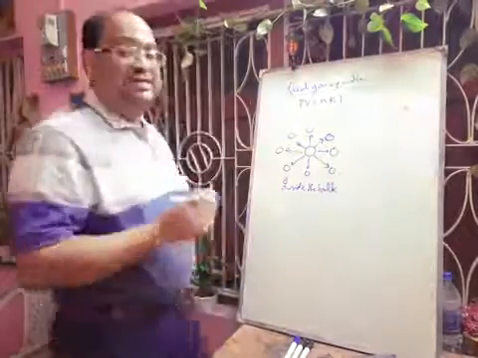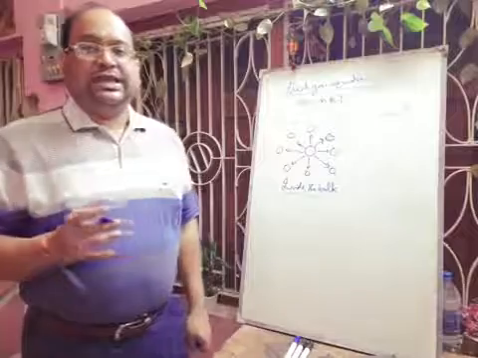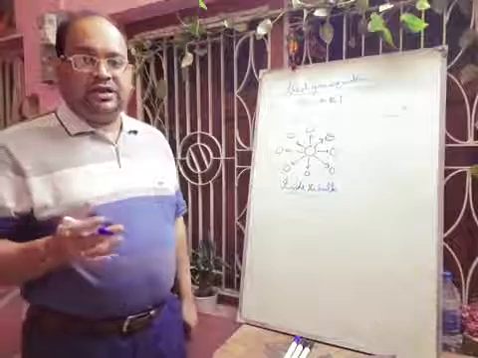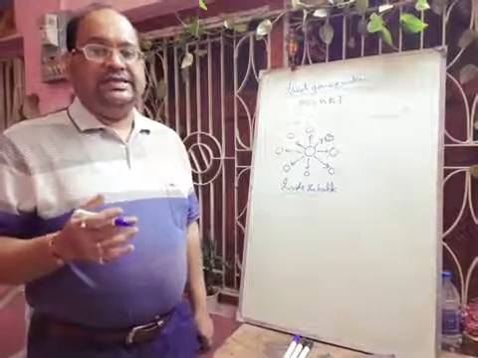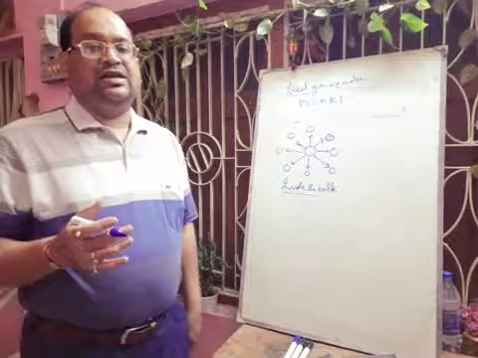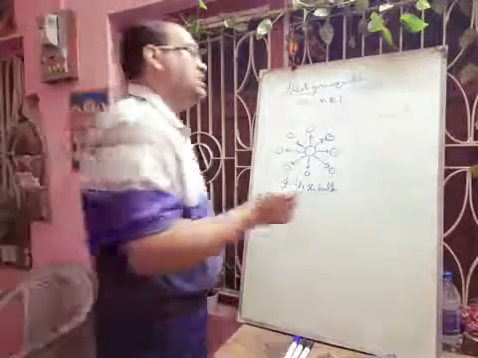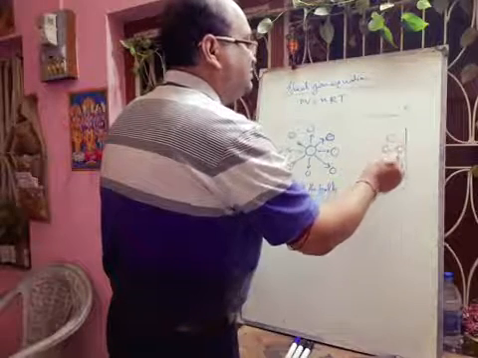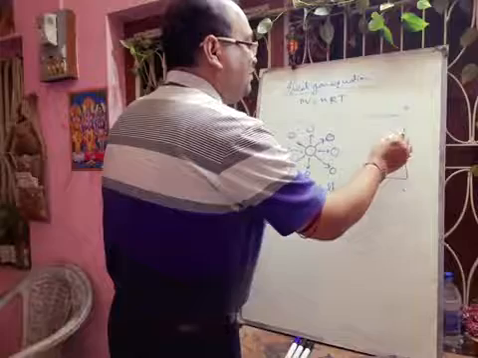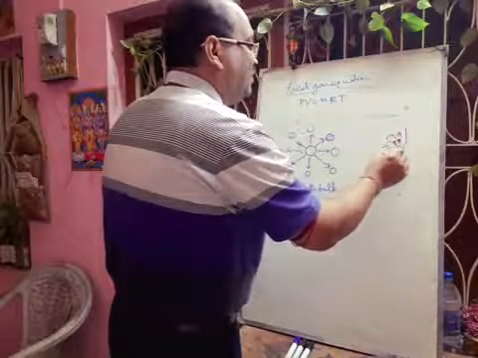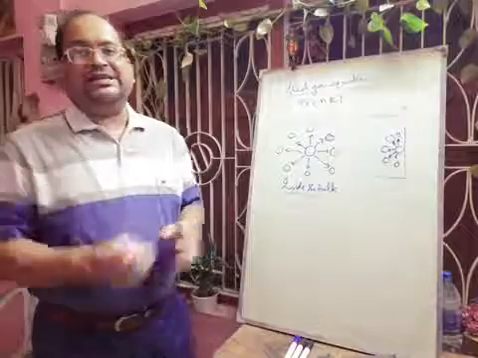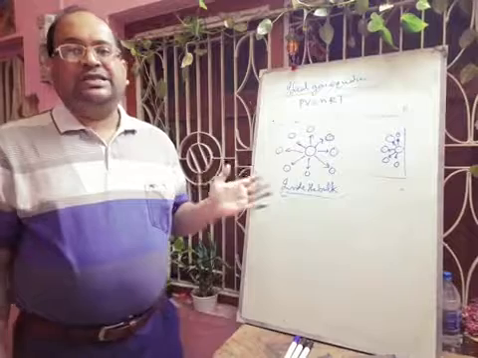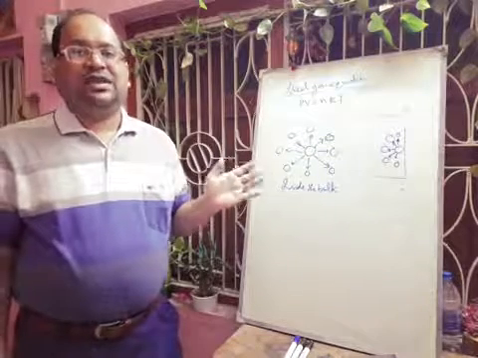But if the gas molecule is near the wall of the container, then it is not uniformly surrounded and experiences an attractive force towards the center of the container. Suppose this is the bulk, and here is the gas molecule near the wall. So if the molecule near the wall is not uniformly surrounded, it experiences an attractive force towards the center of the container.